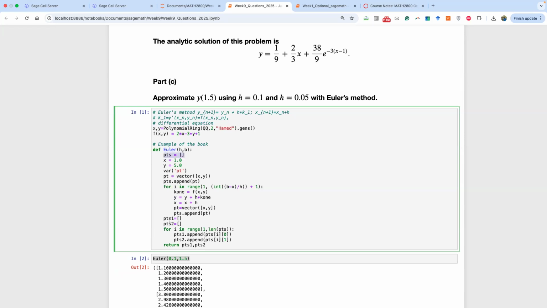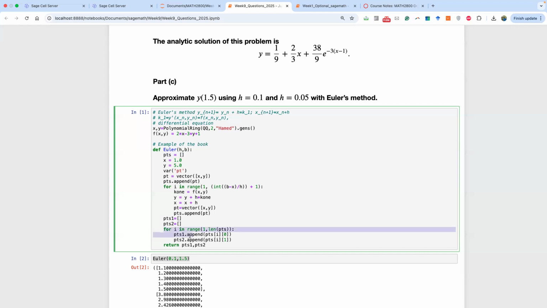After this, we've got PTS, a list of the points. I will extract the first components of the points in one list and the second components in another list. The first one is x, and the second list will include all the y's.